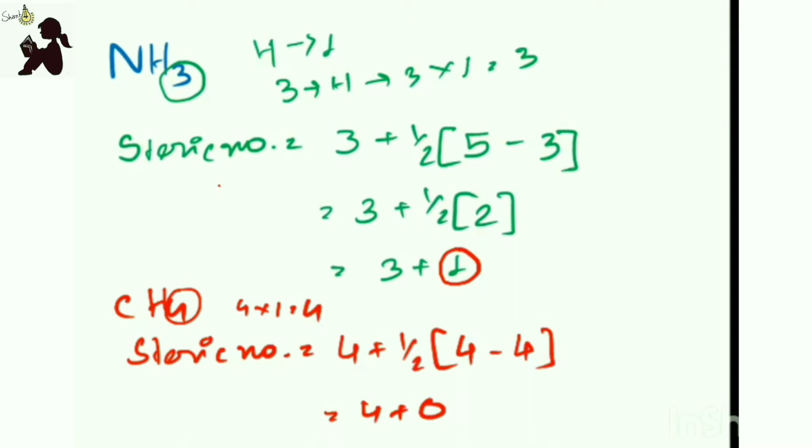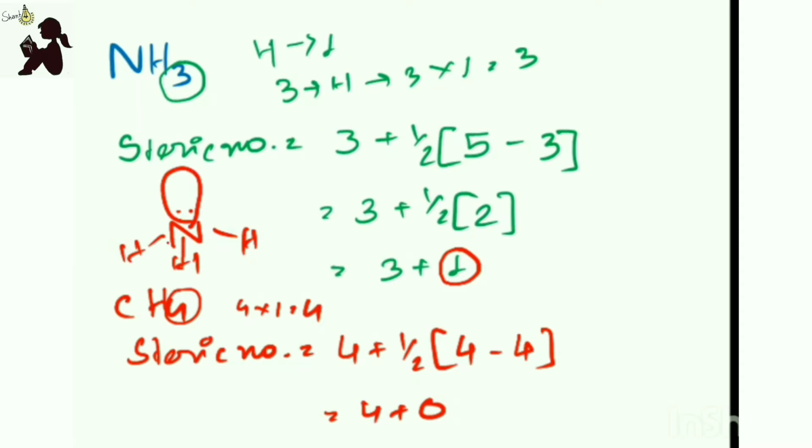We are going to see how many lone pairs and how many bond pairs there are. What is a lone pair, what is a bond pair? I'm going to elaborate later, but for now, if we draw the figure of NH3, it will have a pair of electrons like this. We call this a lone pair.